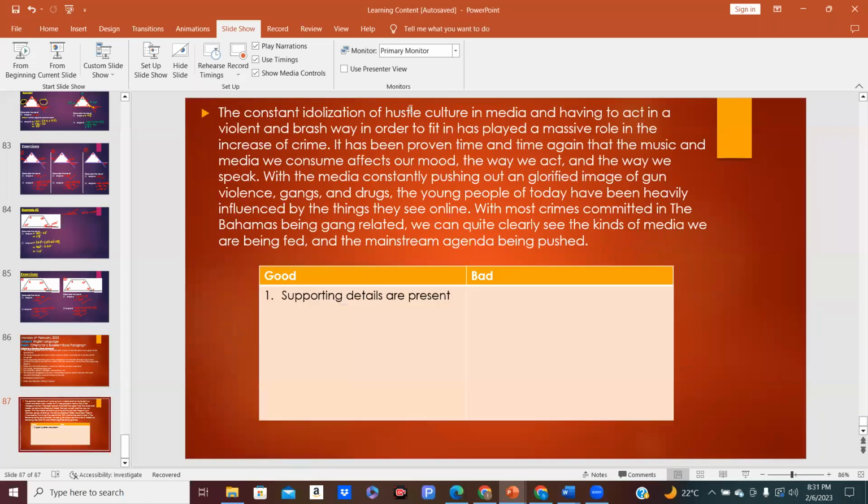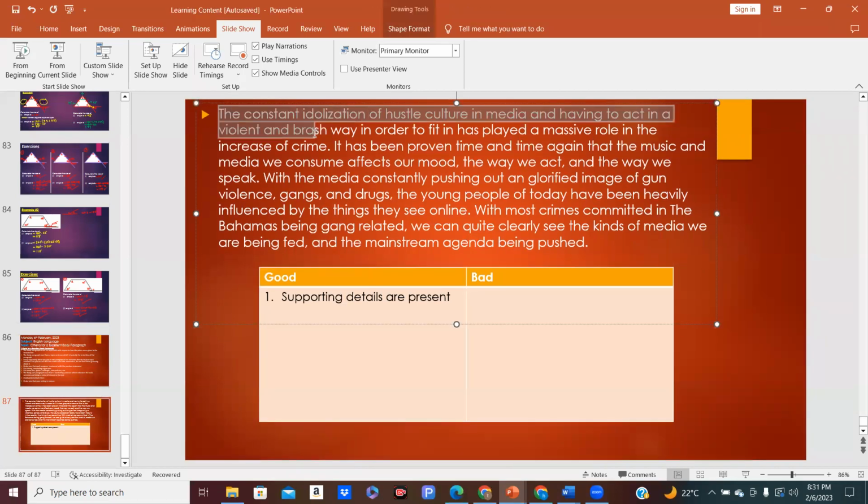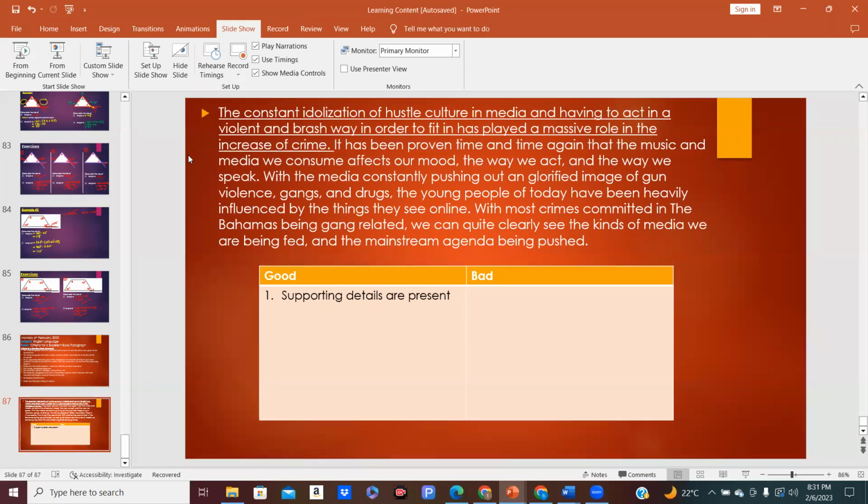The constant idolization of hustle culture in the media. So does she mention her first point first? She mentioned media first, I guess so.